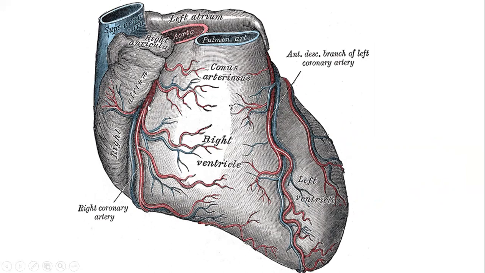The depression present between the atria and the ventricles is called the atrioventricular groove or atrioventricular sulcus or coronary sulcus, because coronary arteries run into these sulci. Similarly, a depression or groove is present separating the two ventricles, right and left, on both the anterior and posterior surface of the heart.